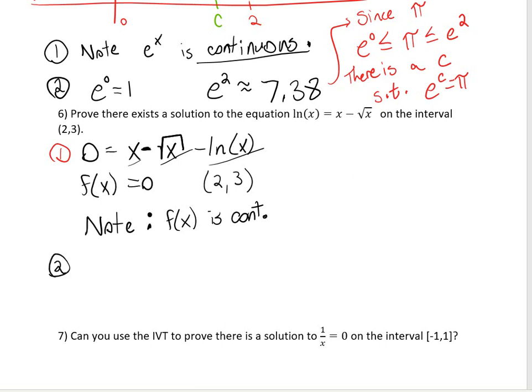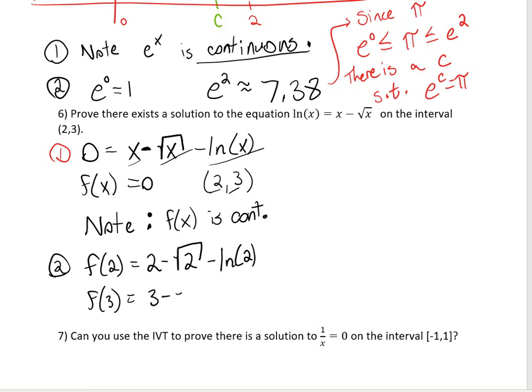The second step is to take these endpoints and plug them into our function. So f of 2 would be 2 minus the square root of 2 minus the natural log of 2. F of 3 would be 3 minus the square root of 3 minus the natural log of 3. Let's see what those are. I'm going to plug them in real quick.